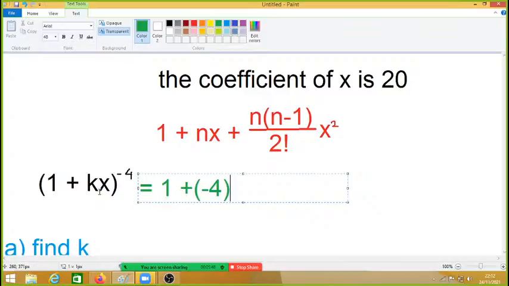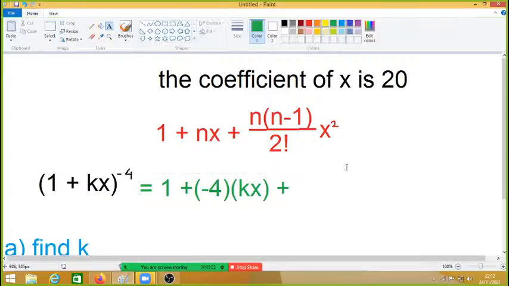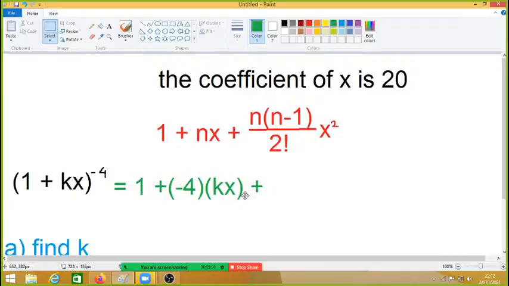Here the x is the whole thing, which is kx, plus. Okay, you could probably take a minute to try the next term, the x squared term. First you've got the fraction. So at the top of the fraction you've got minus 4 times minus 5.